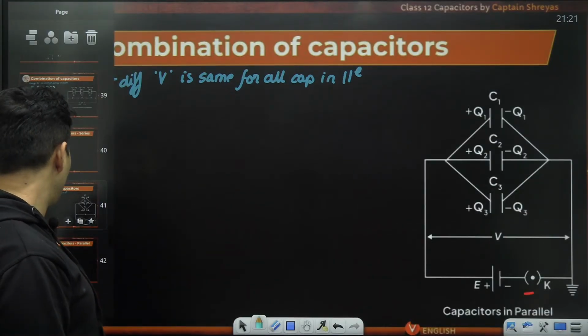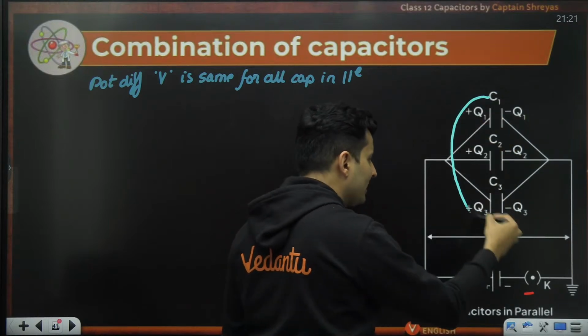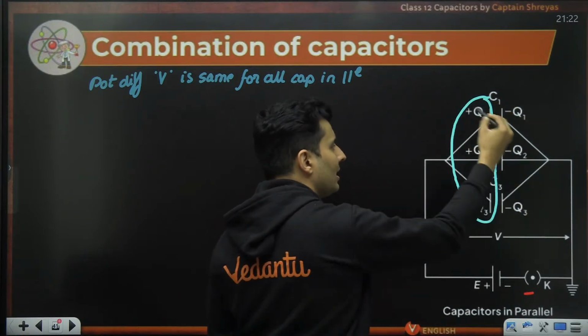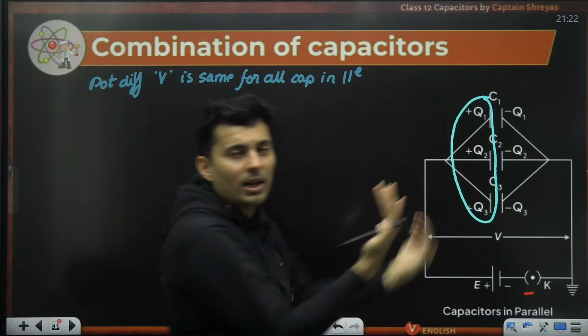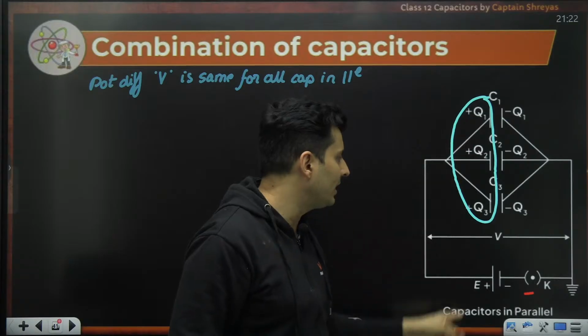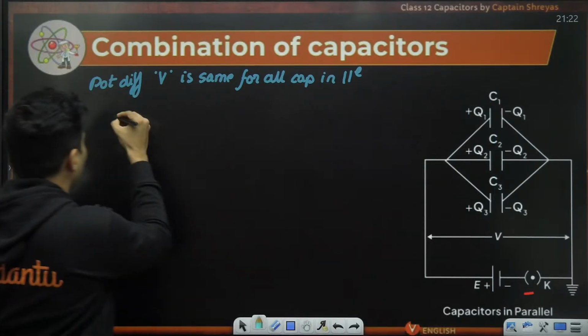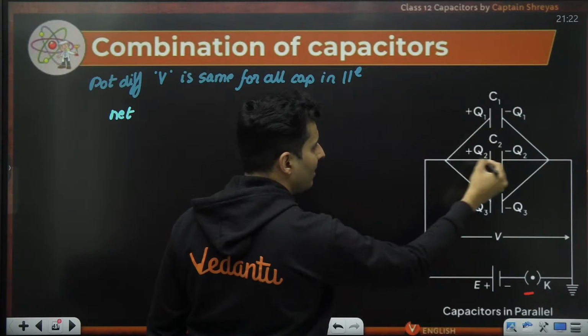But when it is in parallel, then if you see all these charges on the left hand side, if I add them together, that is the total charge on a singular plate had it been there. So what is the total charge supplied by the battery? The net charge which has been supplied by the battery, it went here, here and here.